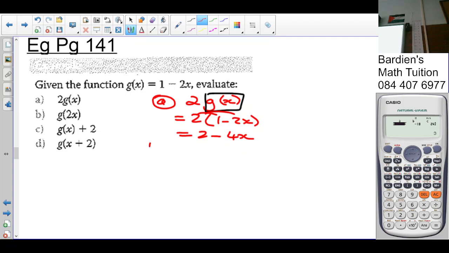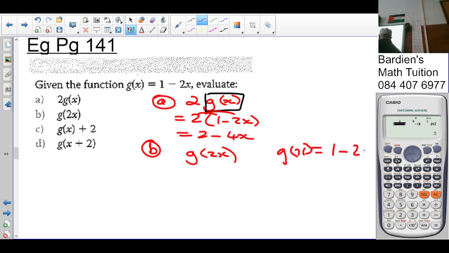Okay, let's look at B. g of 2x. What are you going to do here? Wherever we see an x, we replace it with 2x. Can you see it? Remember, g of x is 1 minus 2x.